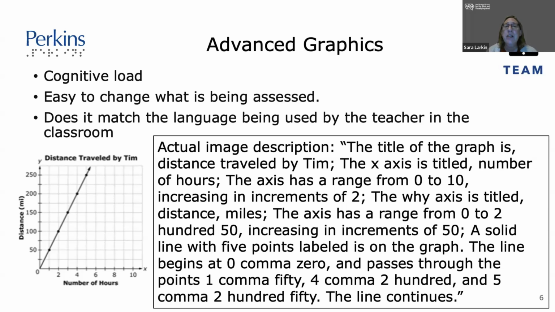One of the things we want to assess with students is whether they can really interpret the graph. But when we are just giving them the information that's on it, there is not necessarily an interpretation going into that task.